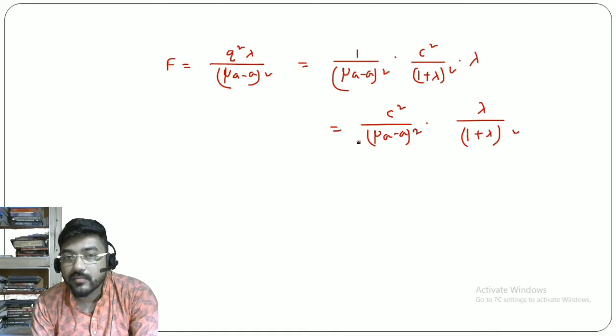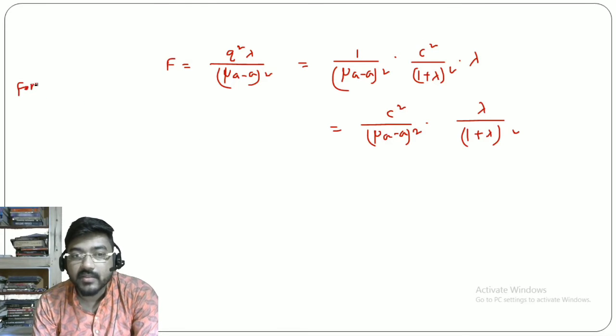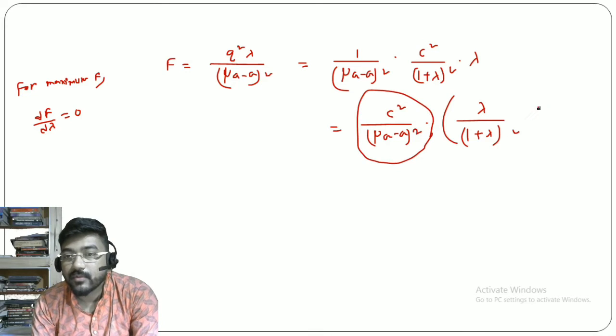So for maximum F we have the condition dF by d lambda is equal to 0, and the other factor is constant, so we have to differentiate only this function.